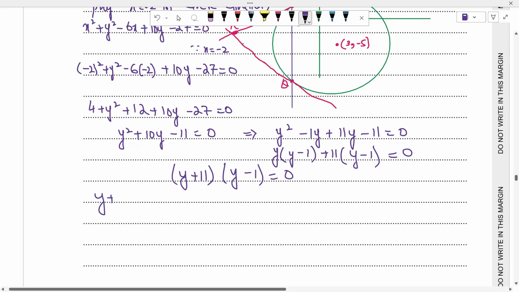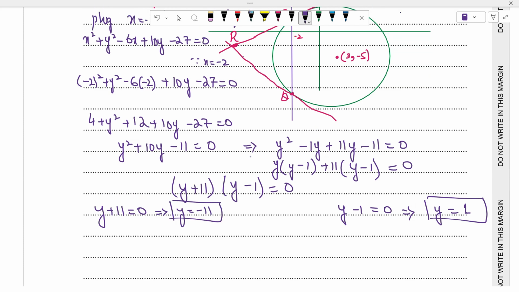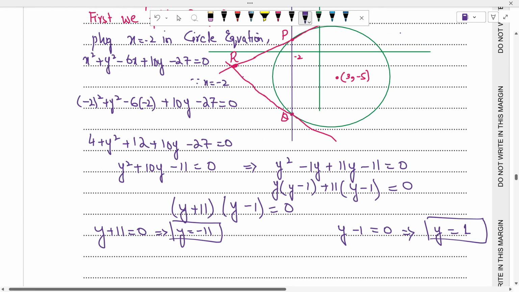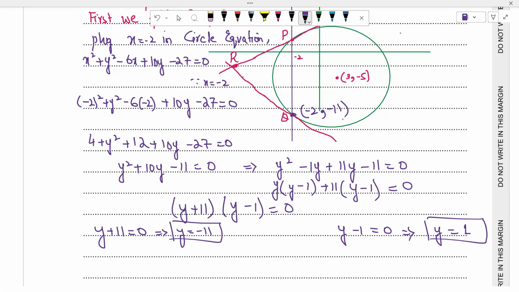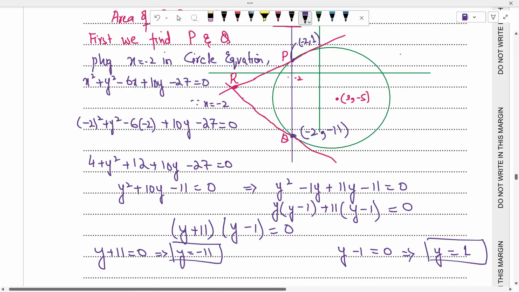The first one is y plus 11 equal to 0 and the other one is y minus 1 equal to 0, so in this case y is equal to negative 11 and in this case the y coordinate is 1. So the point of intersection Q is negative 2 comma negative 11, and P will be negative 2 comma 1. So we have the points P and Q.